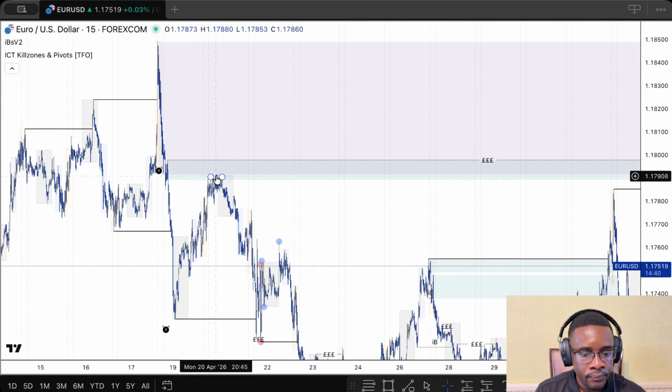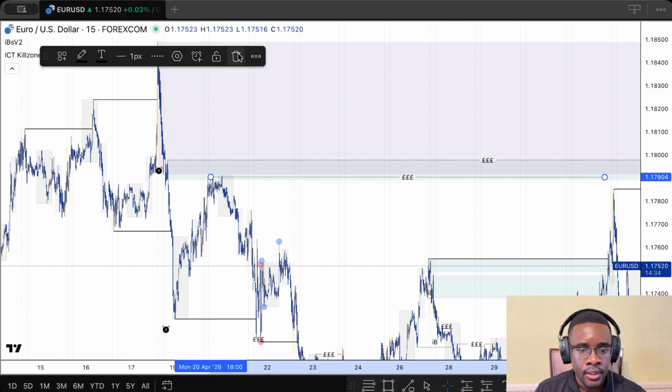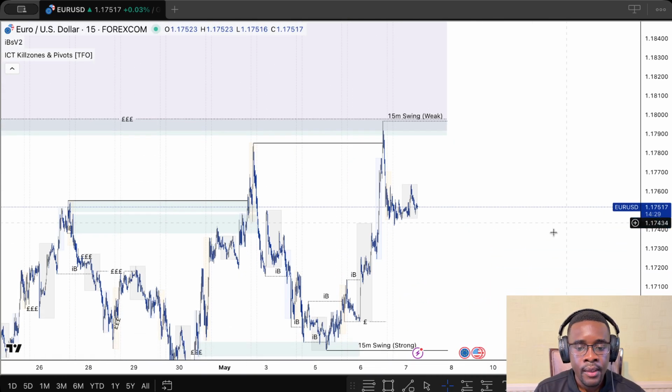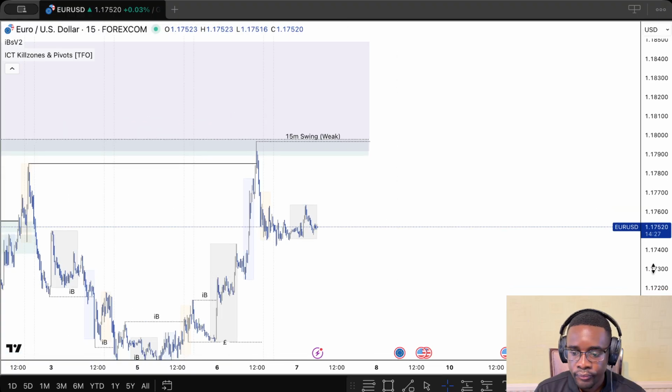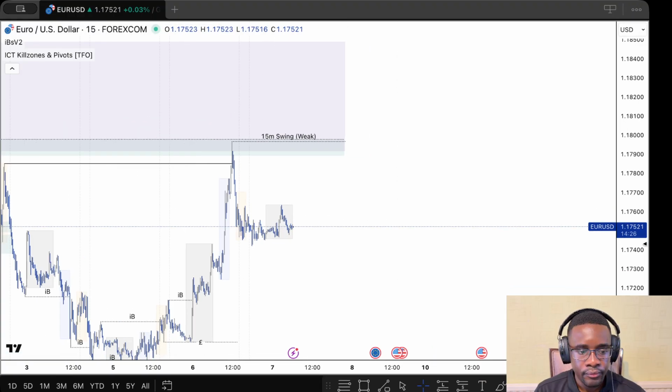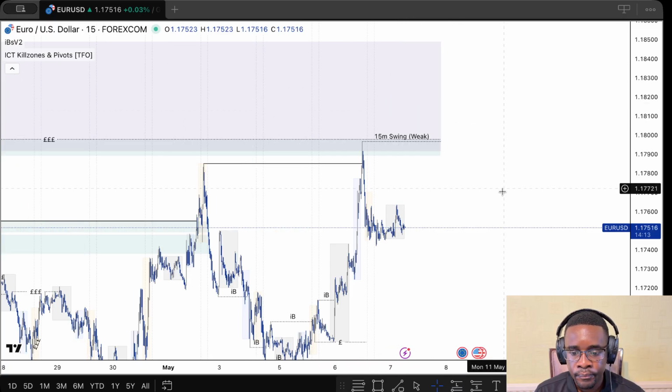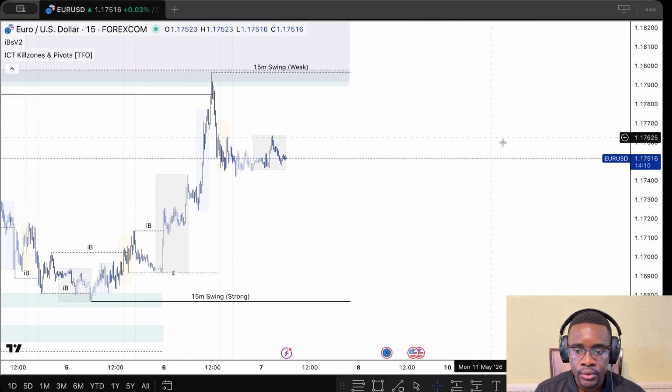Obviously liquidity here, Asia highs, was taken. Then we mitigated that, and then further reaction. So this is what we have.